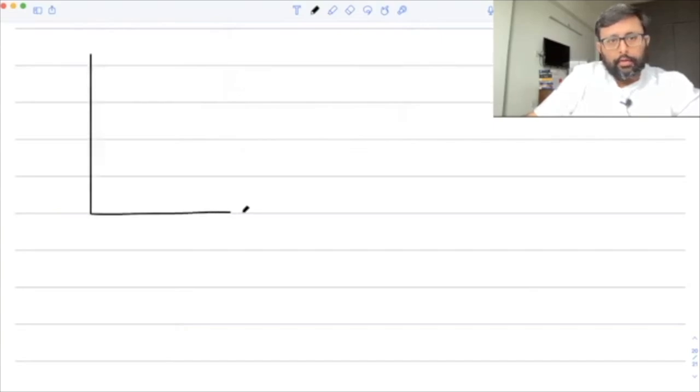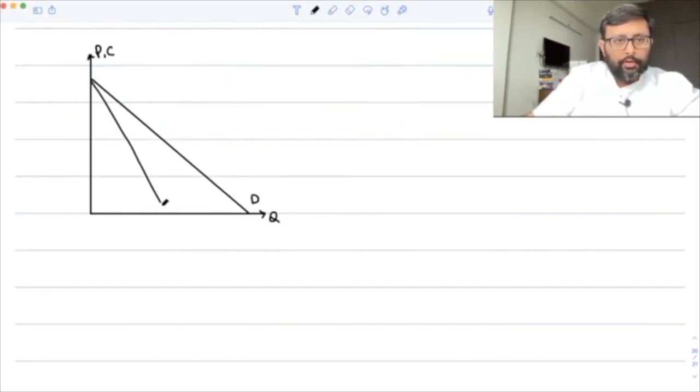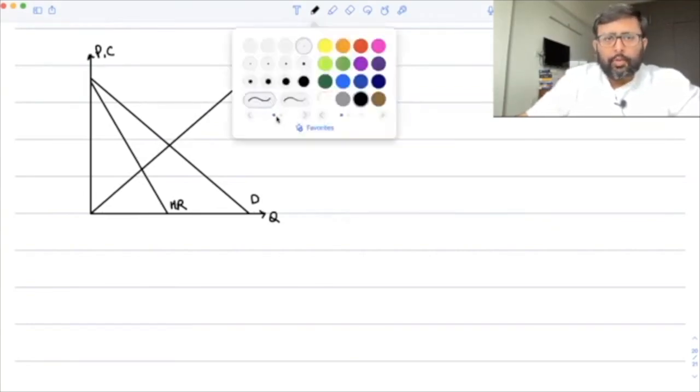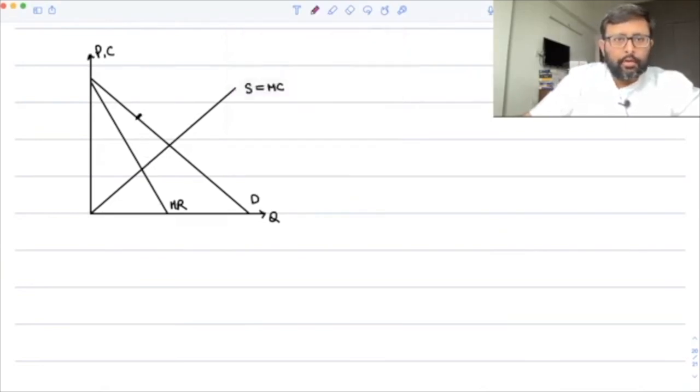So you have the output Q, you have price and cost, you have the demand function, right? You have the MR function, and you have the S equals MC supply curve, which is working like the marginal cost curve here.